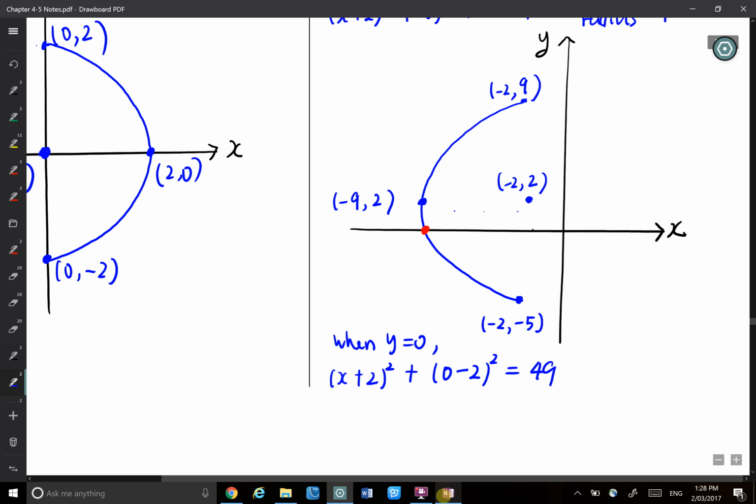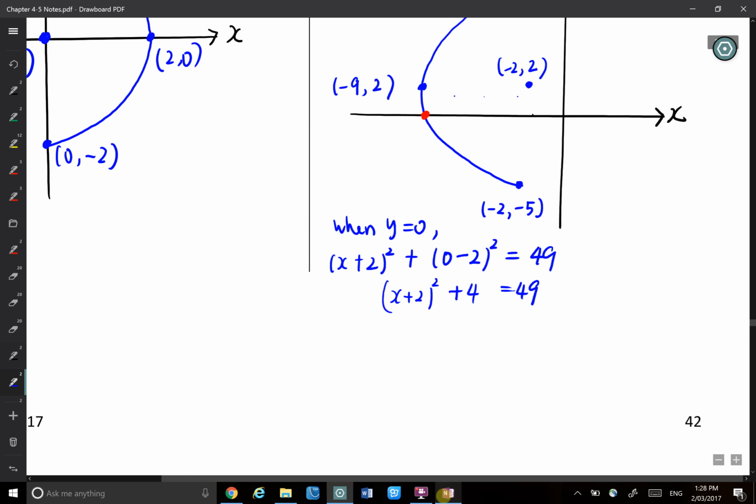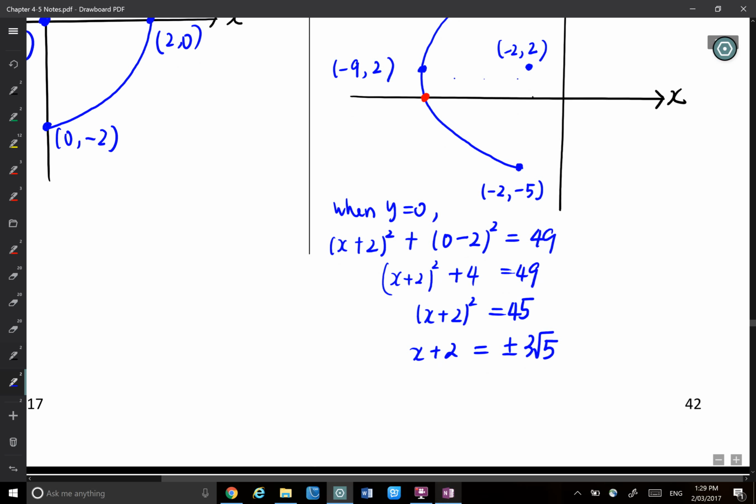So I will have x plus 2 squared plus 4 equals to 49. And then I have x plus 2 squared equals to 45. And then x plus 2 equals to plus minus 3 root 5. And x will equal to minus 2 plus minus 3 root 5.